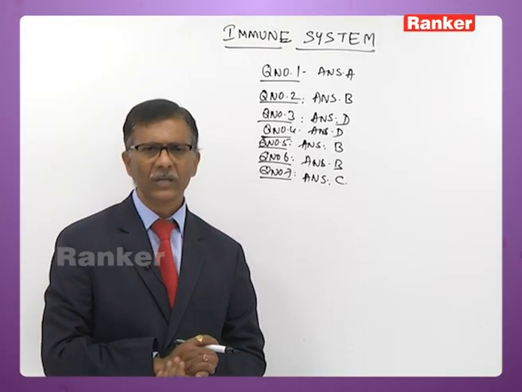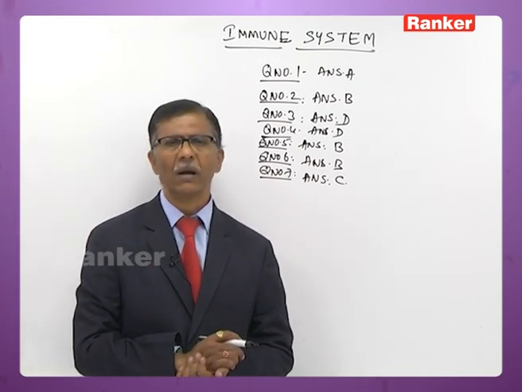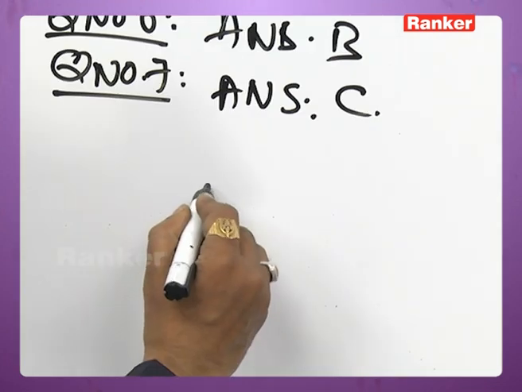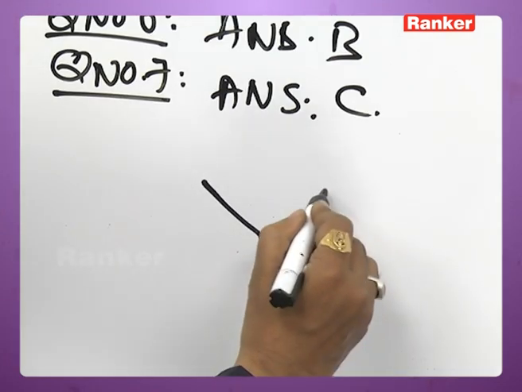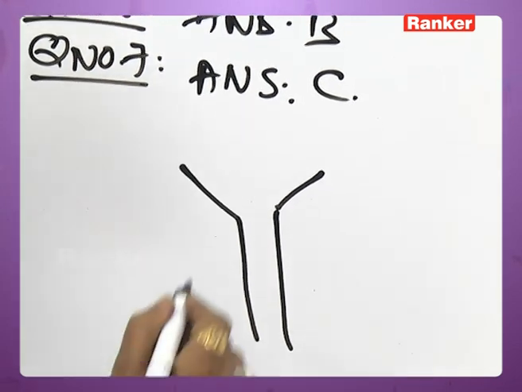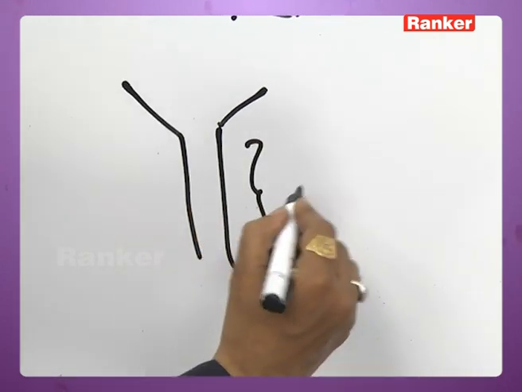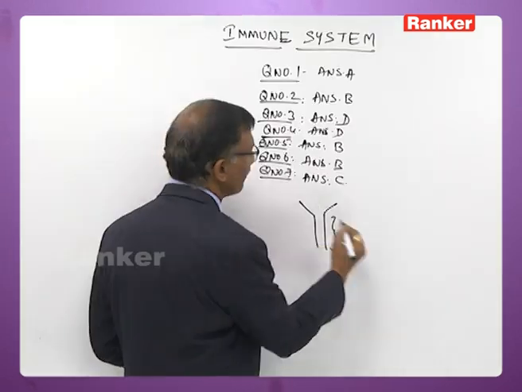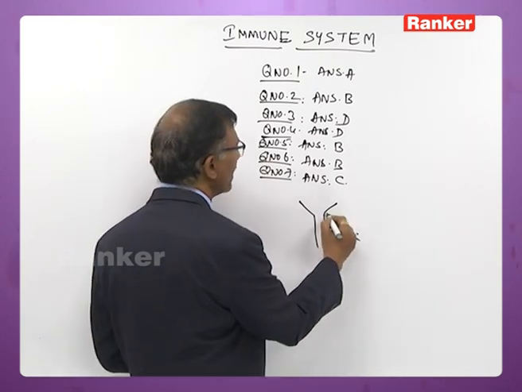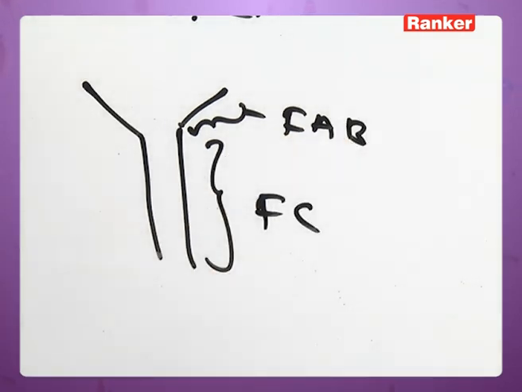Now, when you study the structure of antibody, the structure of antibody was proposed by Rodney Porter. According to Rodney Porter, every antibody has a Y-shaped configuration like this, where this is the heavy polypeptide chain, this part is called Fc end, that is constant fragment or crystallizable fragment, and this part is called Fab end, antigen binding fragment.